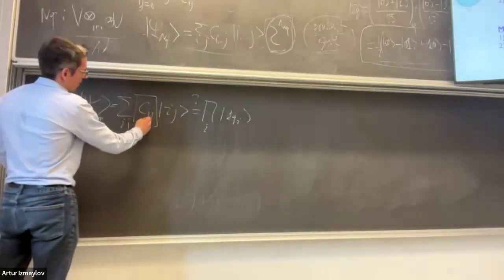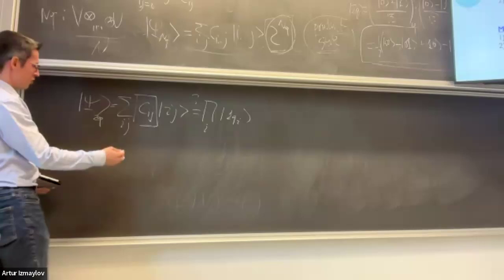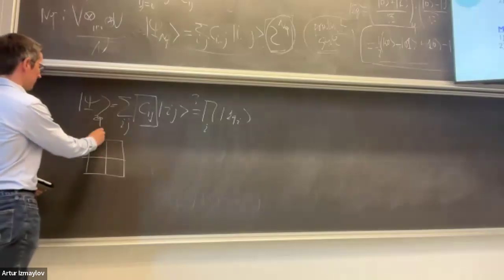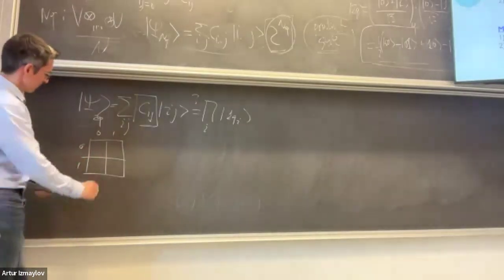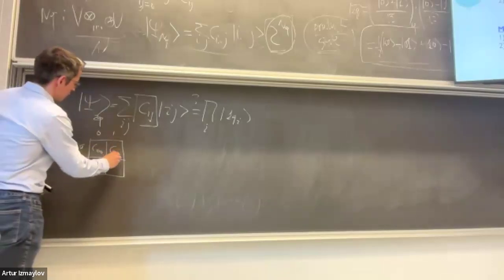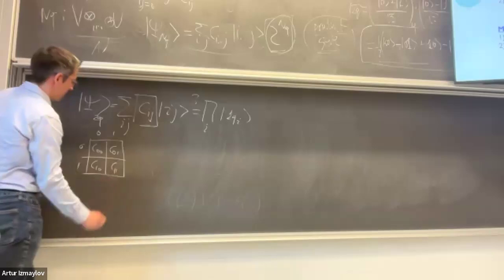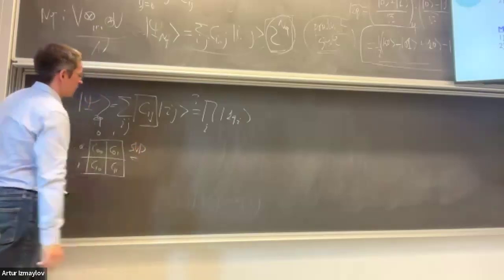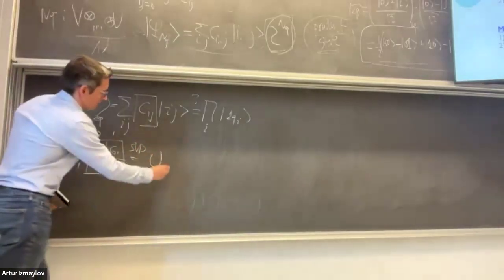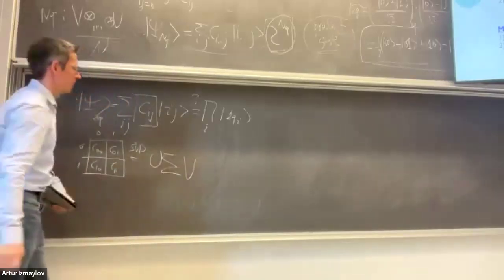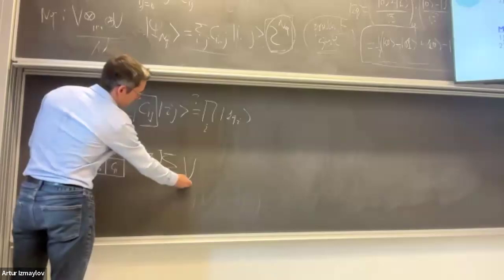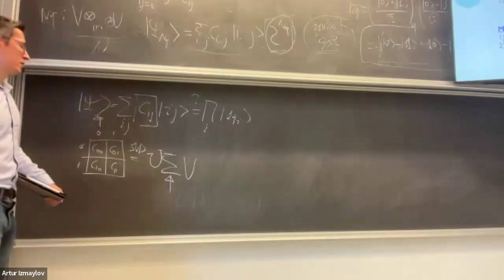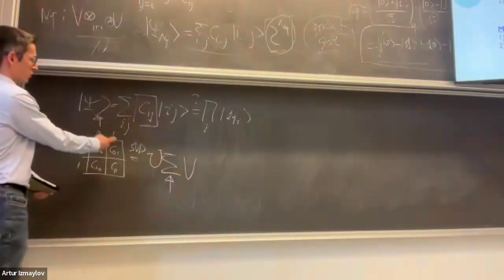With two qubits, one index i and another index j, this is a 2 by 2 matrix: C00, C01, C10, C11. Then you do SVD, singular value decomposition, of this matrix. Generally, it's a construction where U and V are two unitaries and sigma is a non-negative diagonal matrix in the square case.